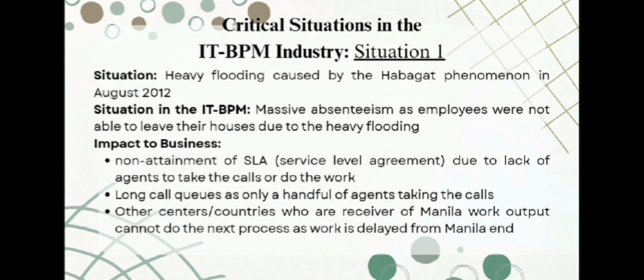Longer call queues because only a few agents were available. Downstream delays because other centers relying on Manila's output couldn't proceed with their tasks. This slide illustrates how a natural disaster can create a CRITSIT by disrupting operations and impacting service delivery in the IT-BPM sector, particularly in Manila.